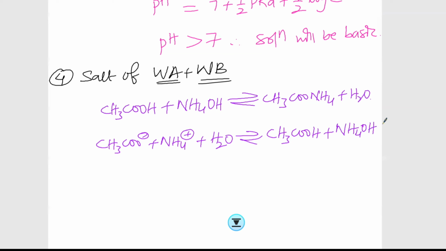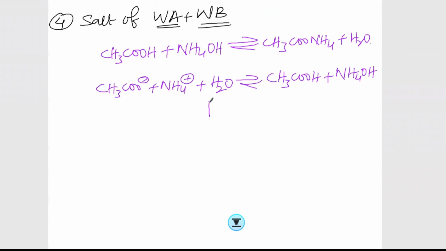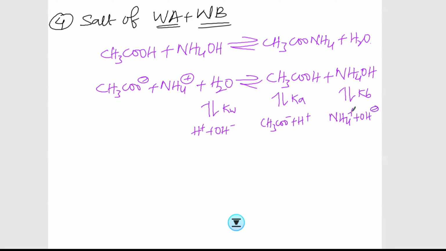Same here, you can see this water undergoes hydrolysis: KW, H plus, OH minus. Acetic acid undergoes dissociation, which can be written as CH3COO minus plus H plus. NH4OH also undergoes hydrolysis, KB, which we can write as NH4 plus OH minus.